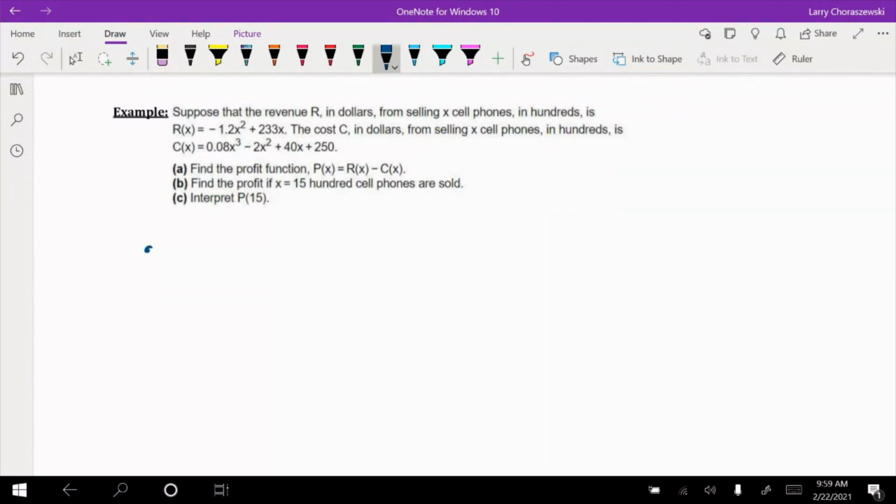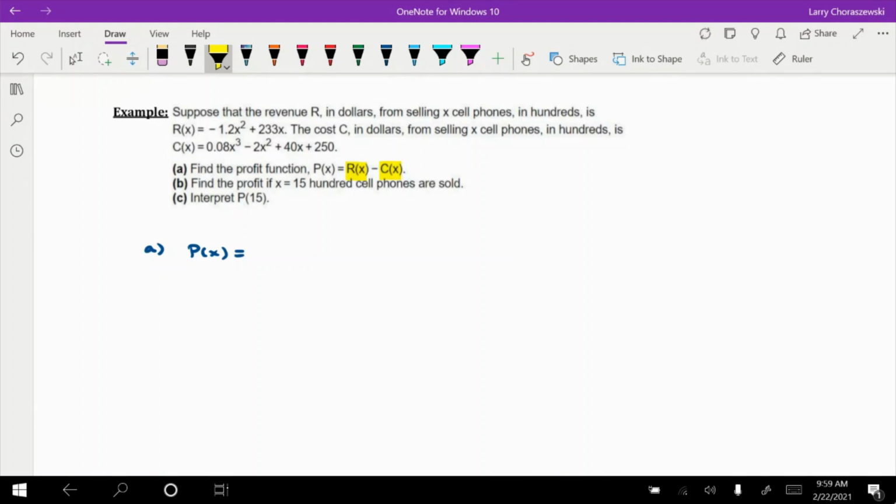It's a straightforward process because let's first write P of x, and what we do is we substitute the equation for each of these two function notations.